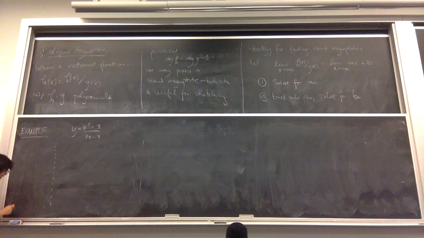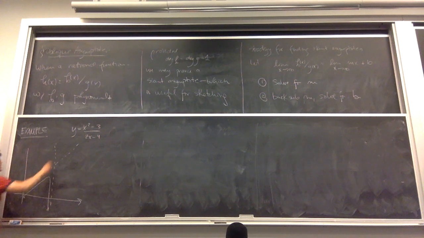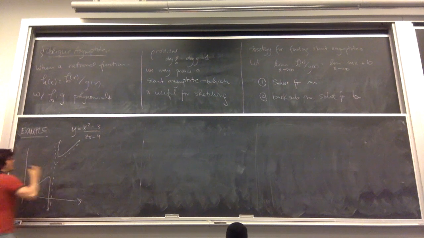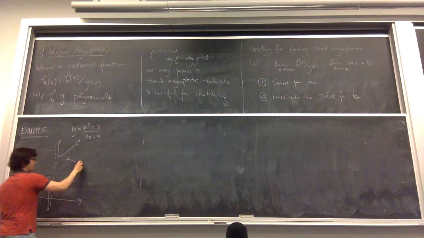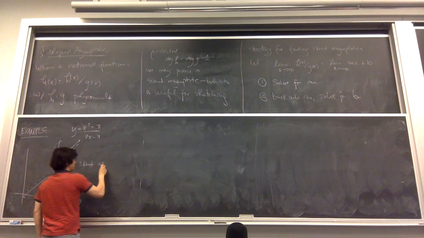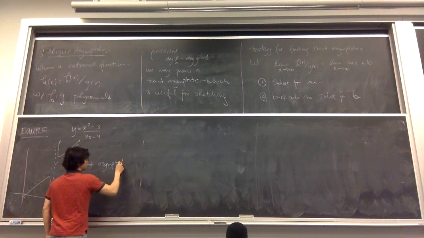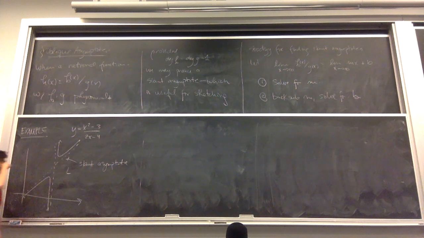And then we end up getting something like this. The function will look like this if you plot it in Desmos. What I'm trying to indicate is that this dotted line, the slant one, is the slant asymptote. Let's call it L. So let's find L in this case.